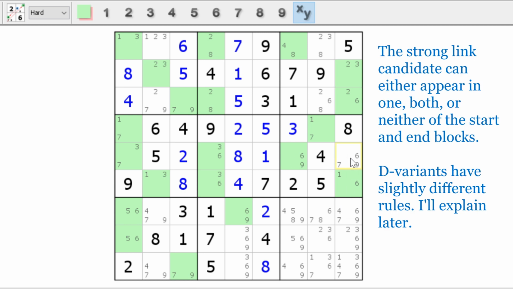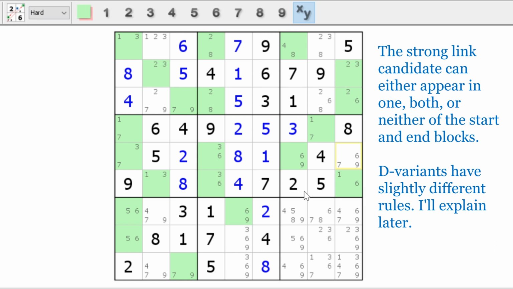It may not even begin in the same block, but it would actually go down in a totally separate block, but it still has a strong link, and then they see each other. Those are the ones that trip me up. I have a really hard time seeing it. And then there's a D variant, which is the easiest to spot, and it's actually kind of fun when you see one. I'll explain how those work.